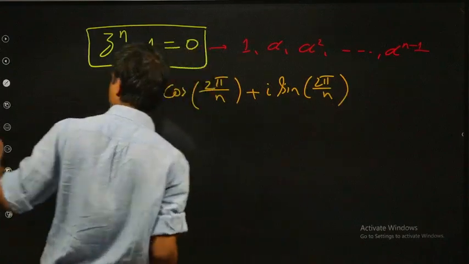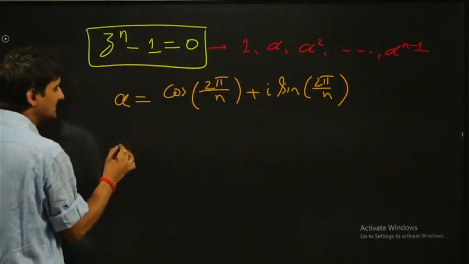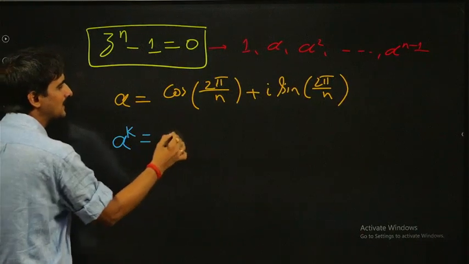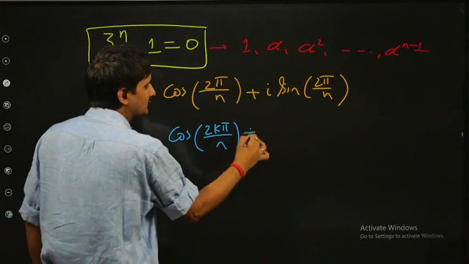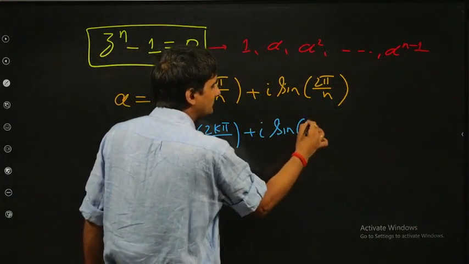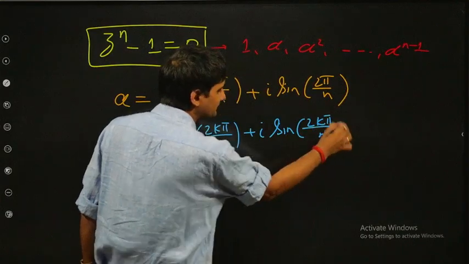That's the first complex root of unity, whereas in general alpha raised to the power k is cos 2k pi by n plus iota times sine of 2k pi by n.